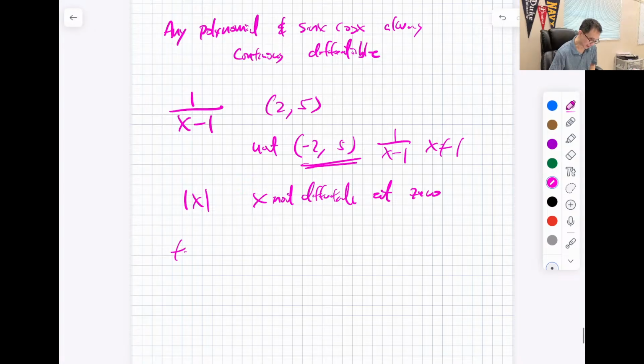You've got tan of x, secant of x, cosecant of x, cotangent of x. They all have asymptotes. So anytime you have an equation with asymptotes or a sharp turn or cusp, those are not differentiable or not continuous, so the theorem should not apply. But you gotta check the interval though, because sometimes they can trick you on the interval, especially on math competitions.